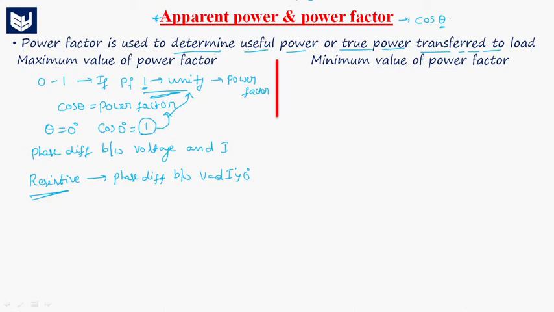What is the minimum value of power factor? 0 is the minimum value of power factor. This happens with cos 90 degrees only. When theta is 90 degrees, with which type of loads?